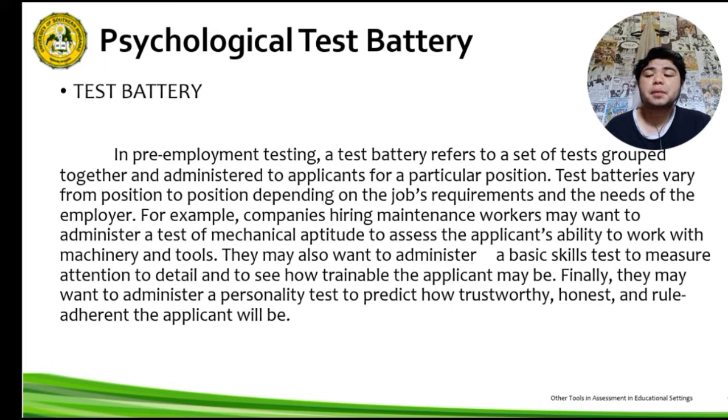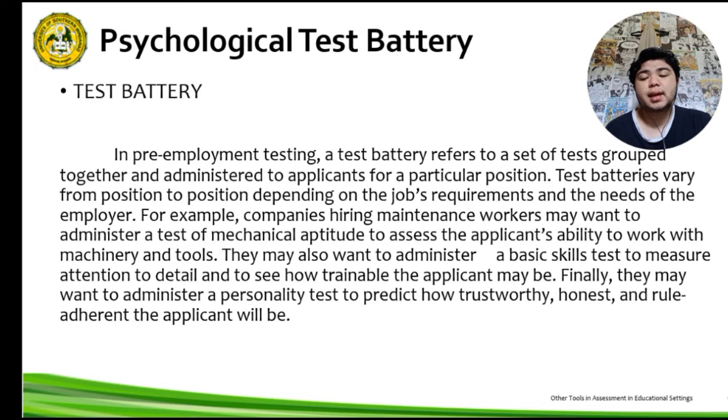They may also want to administer a basic skill test to measure attention to detail and to see how trainable the applicant may be. And finally, they may want to administer a personality test to predict how trustworthy, honest, and rule adherent the applicant will be.